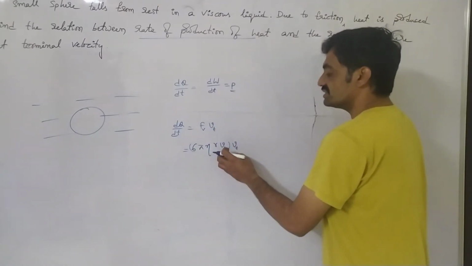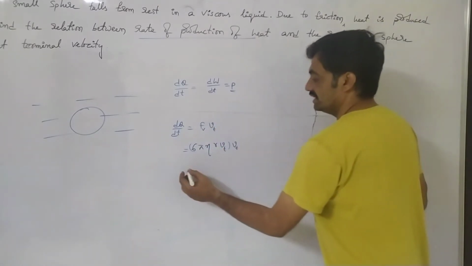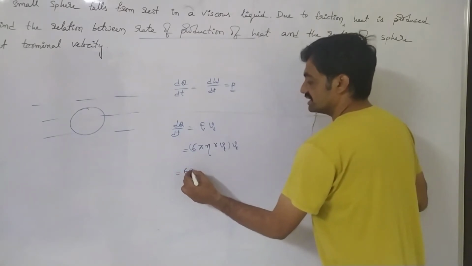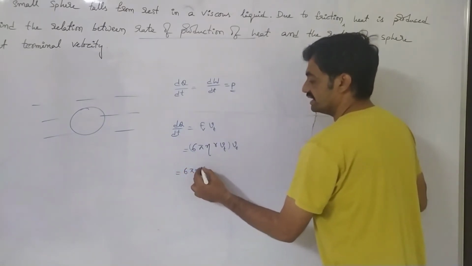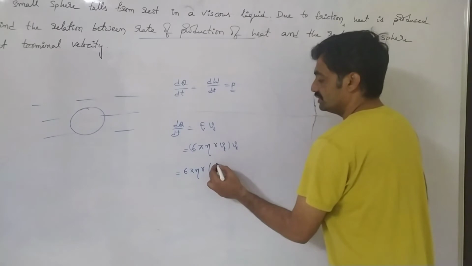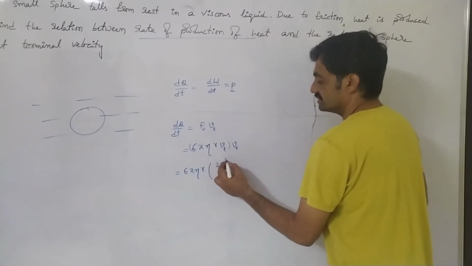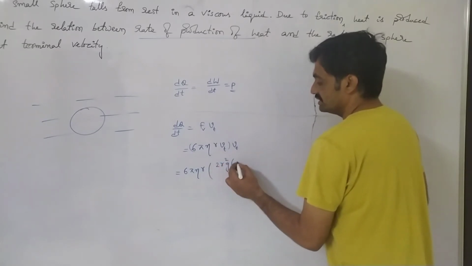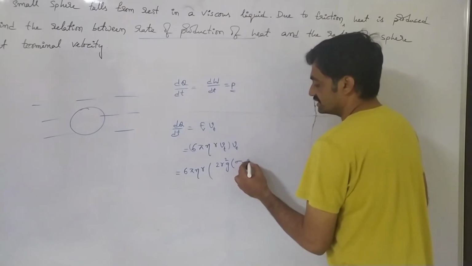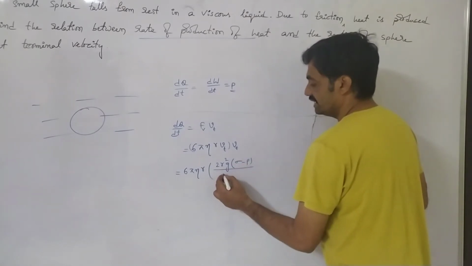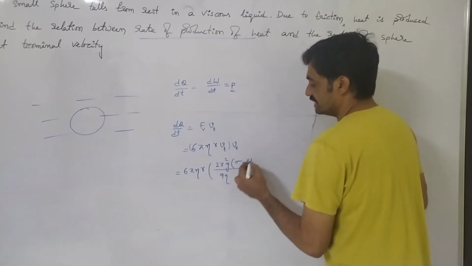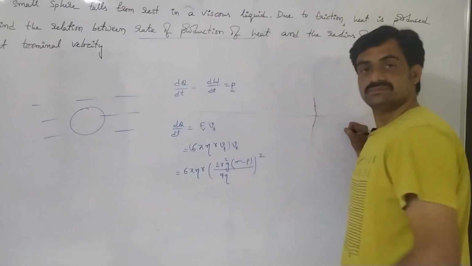Then as you substitute the value of terminal velocity, the expression can be represented as 6 pi eta r into 2 r square g into sigma minus rho by 9 eta whole square.